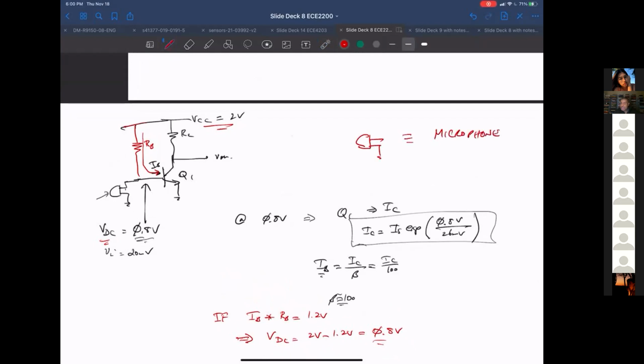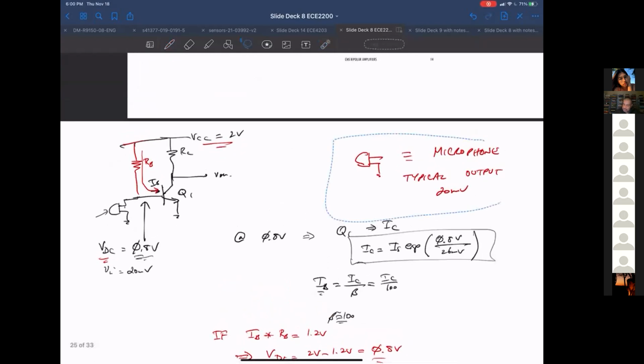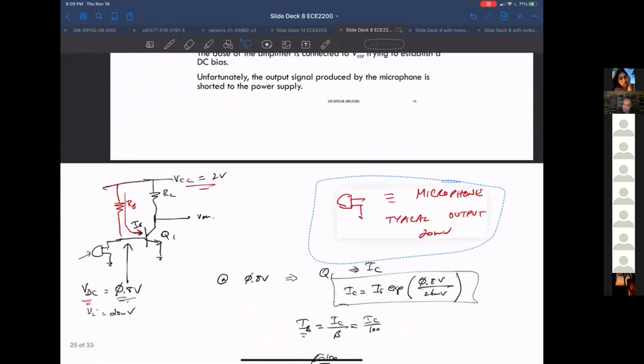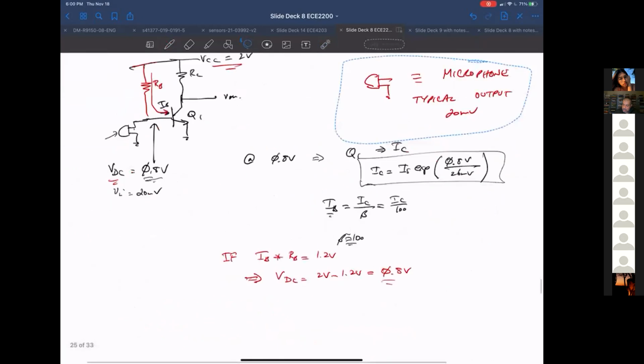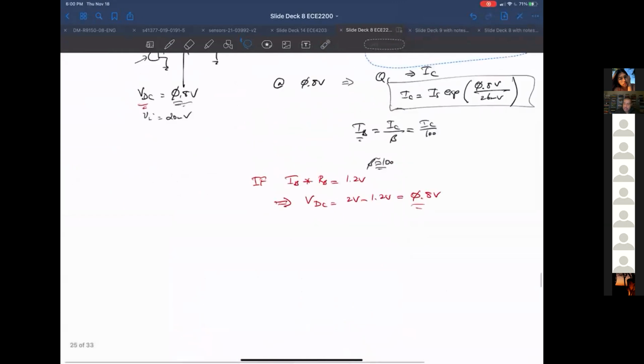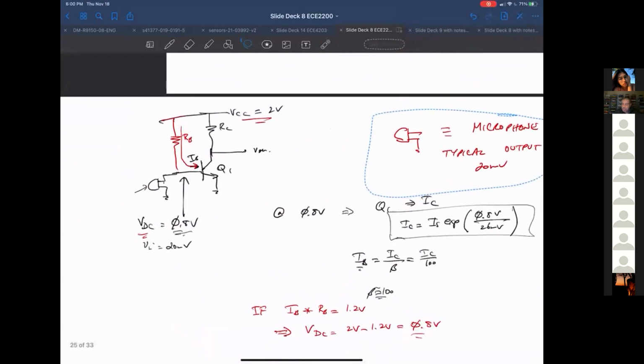And so we're saying a microphone's typical output is around 20 millivolts. It's basically something that changes with time, and the maximum value is 20 millivolts, because a microphone just can't be pumping out a lot of voltage.